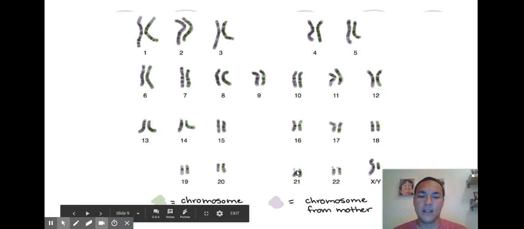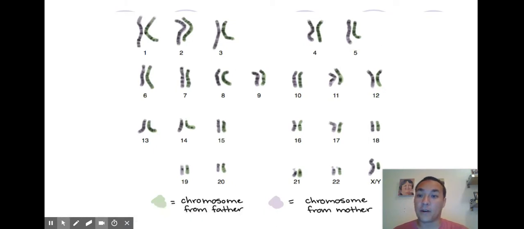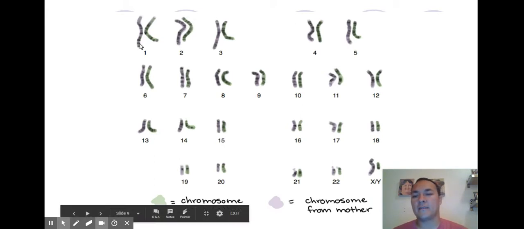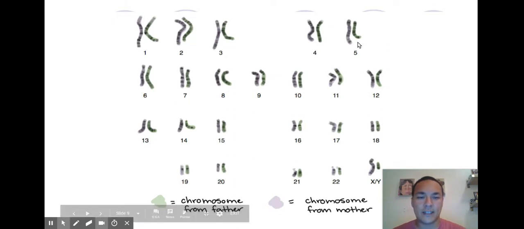All right. Here is a human karyotype. Tomorrow in class, you'll get to make one online quickly. It'll be fun. Notice how they're about the same size if you stretch them out. That's how we order them. So 1 would be the biggest, and then 2, then 3, all the way down to 22.